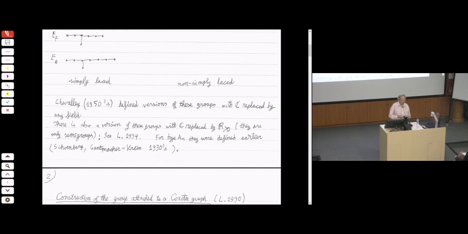It's called a semifield. I will define what this means, but one example is strictly positive real numbers. So there's a version of these groups where complex numbers are replaced by strictly positive real numbers, and instead of being groups, they will be semigroups.